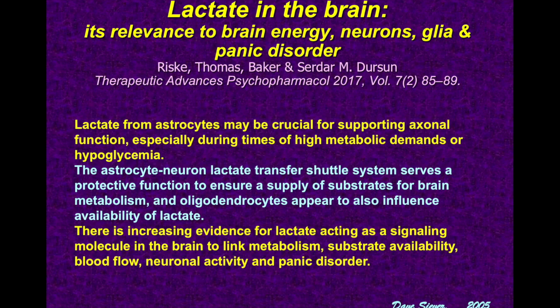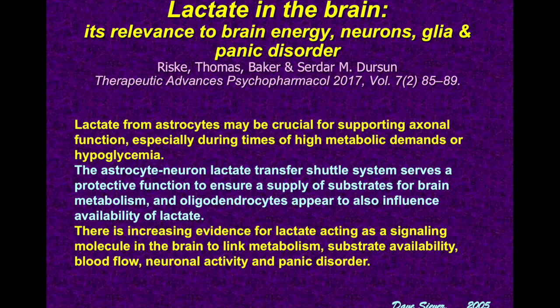But there's more. Lactate from astrocytes may be crucial for supporting axonal function as well, especially during times of high metabolic demands or hypoglycemia. The astrocyte-neuron lactate shuttle system serves as a protective mechanism to ensure a supply of substrates for the brain metabolism, and also for oligodendrocytes.